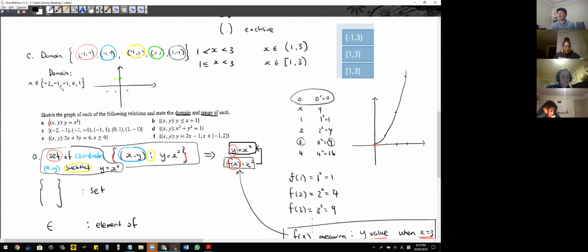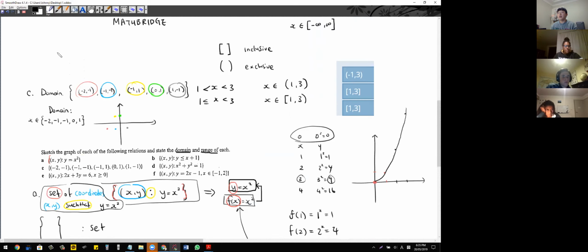Now, this is quite different from writing the domain like that. If you write it like this, that means x is between 1 and 2. That means x can be any value between 1 and 2. X can be 1, 1.1, 1.2, 1.111, 1.001, anything between 1 and 2.